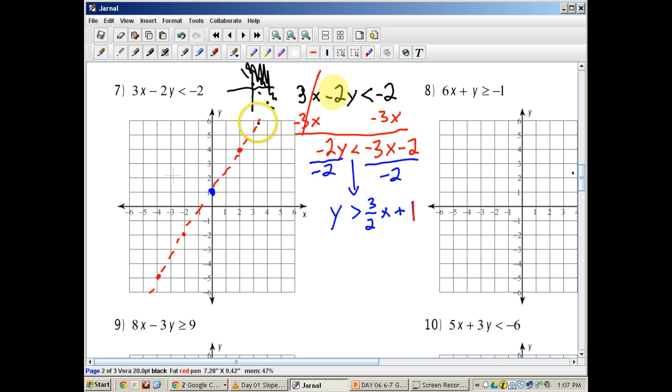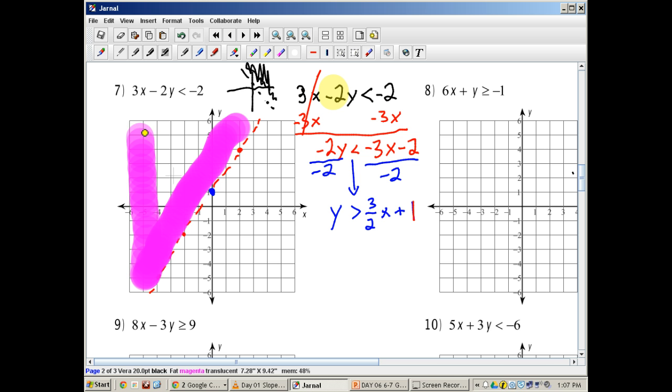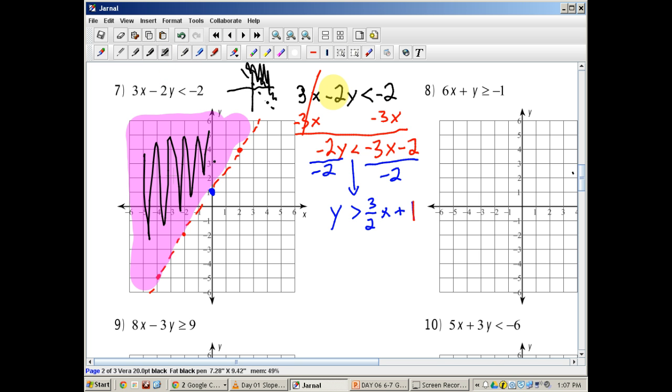And it's now shaded above. Okay. You guys can just do something like this. I understand that that means shaded above. You don't have to color in every little bit.